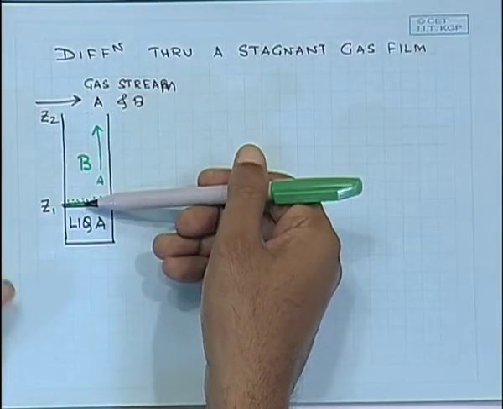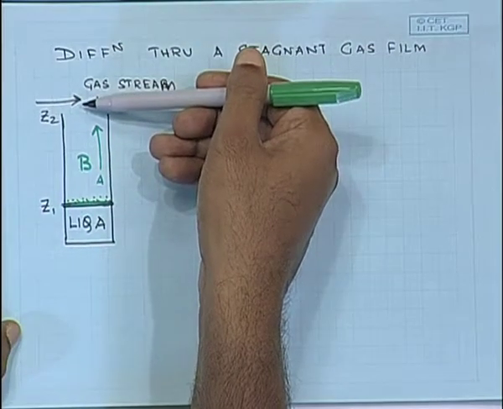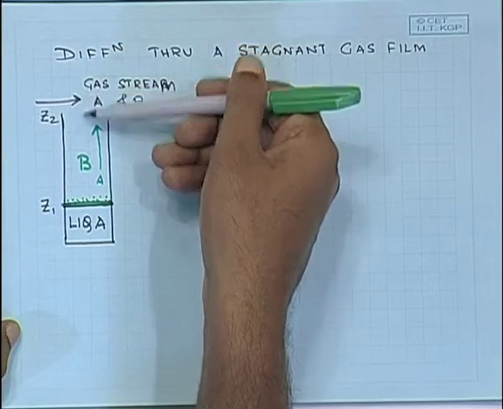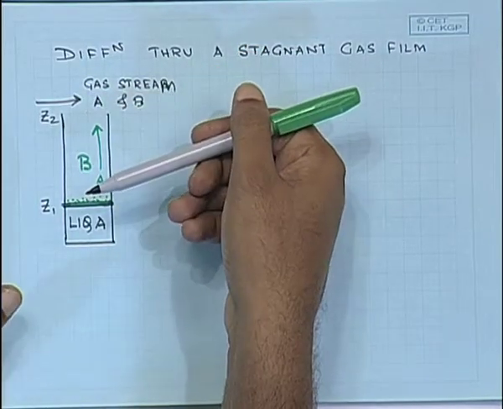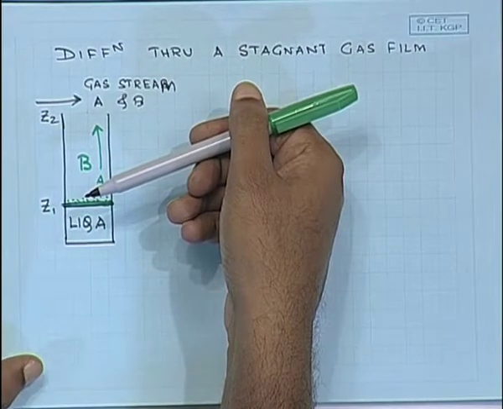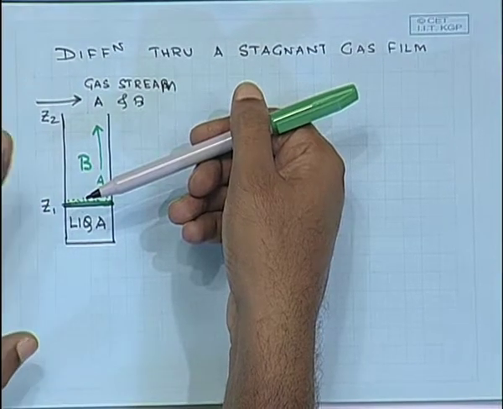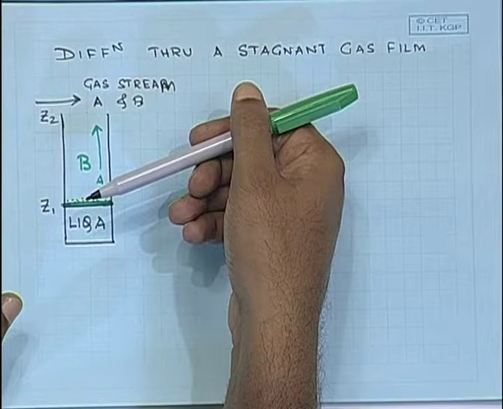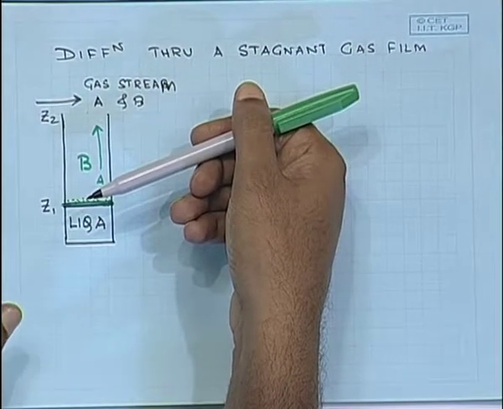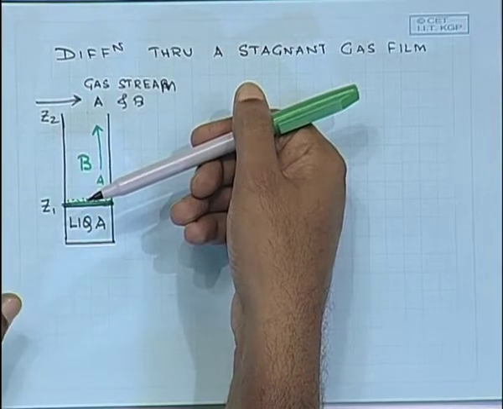Because you have a concentration gradient, and like heat transfer, like momentum transfer, you can never stop mass transfer. If there is a concentration gradient, there will always be mass transfer. The diffusion coefficient may be small, it may take very long time to reach steady state, but you won't be able to stop mass transfer by any means.